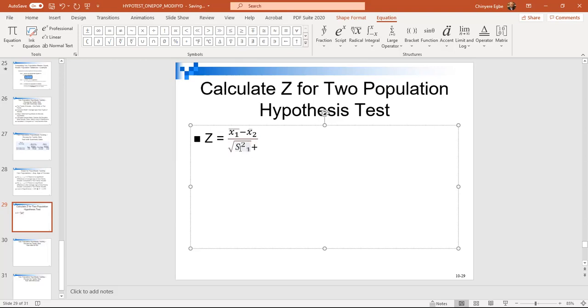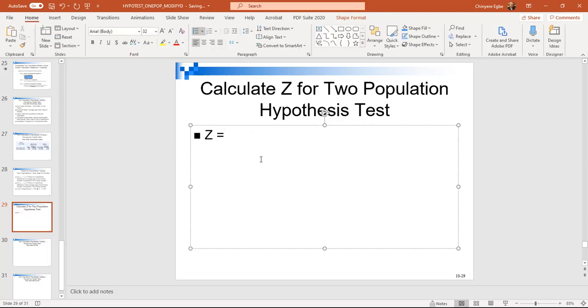And I'm going to have to take this from something different that we have done elsewhere.